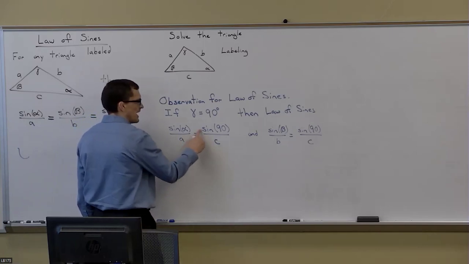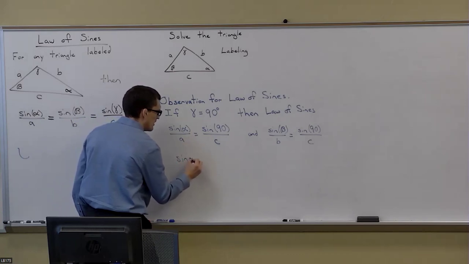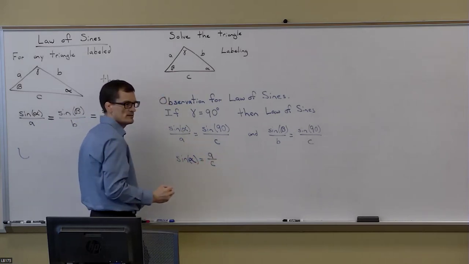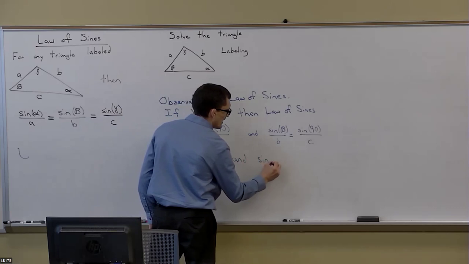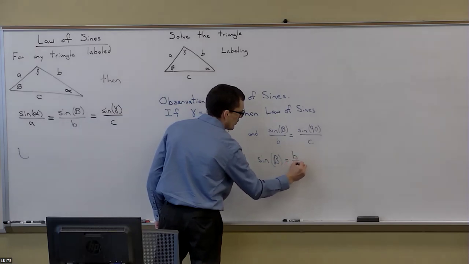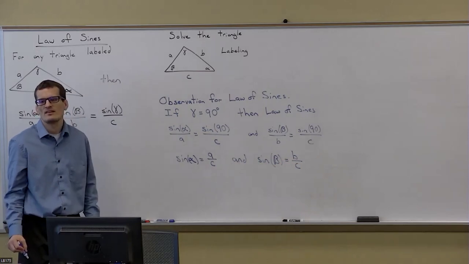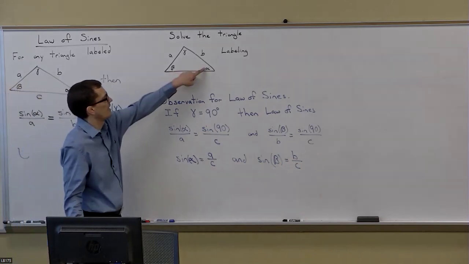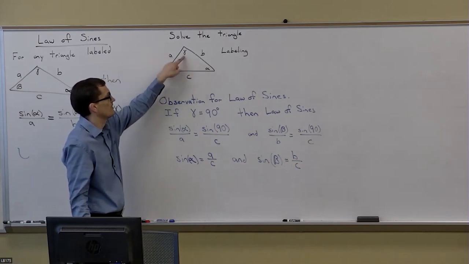And if I multiply by A, that means sine of alpha is equal to A over C. And sine of beta is equal to B over C. Sine of alpha is equal to A over C if this is a 90-degree angle.